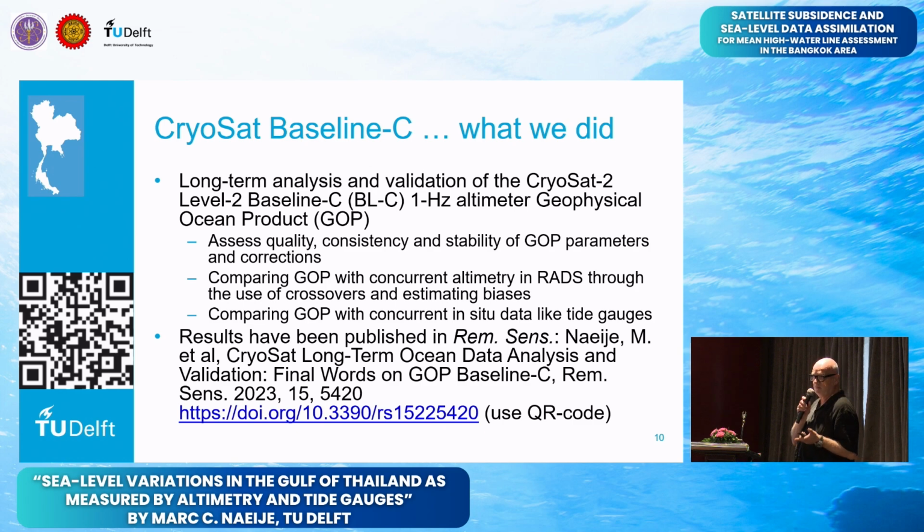We have compared it with the reference satellites, with Jason-1, Jason-2, Jason-3, and Sentinel-6. And what we see is some deviation of a few 0.0 something millimeters per year if you compare the reference satellites with Cryosat.